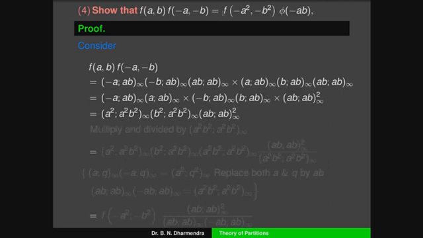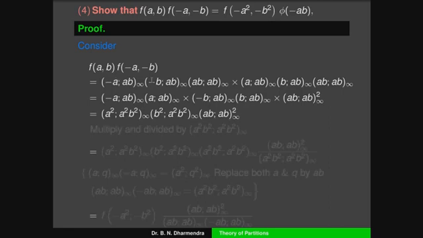What we have to show? We have to show the right hand side, f of minus a square comma minus b square. We are using the theta function definition in terms of the Jacobi triple product identity. Here minus a square, minus b square, minus into minus is plus, that is a square b square infinity.